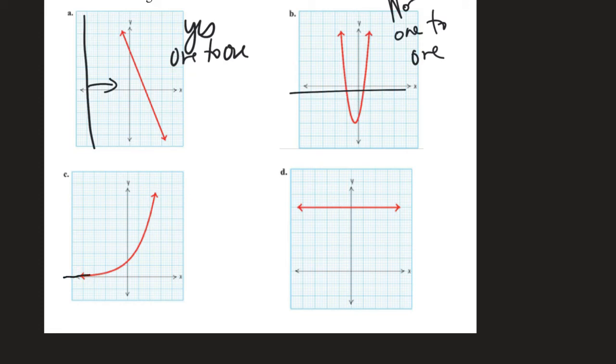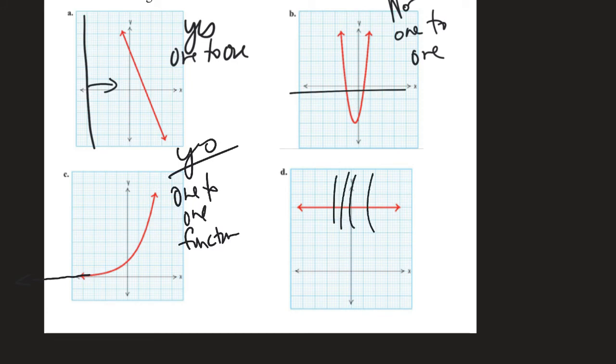It's going to approach 0 on the y-axis, and it's going further and further down. So this does pass the vertical line test. It also does pass the horizontal line test. It is a one-to-one function. I'm going to just put a yes. And then d does pass the vertical line test, but does not pass the horizontal line test. Not one-to-one.